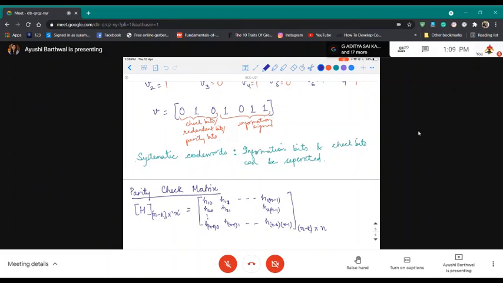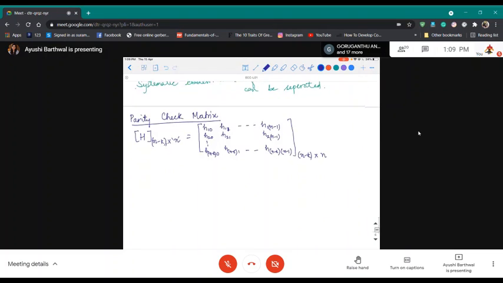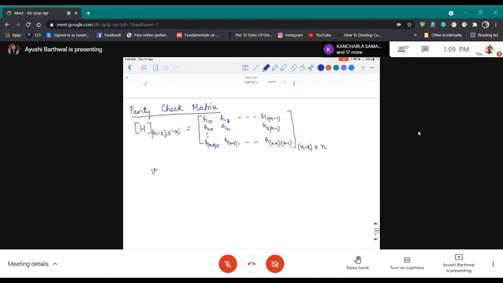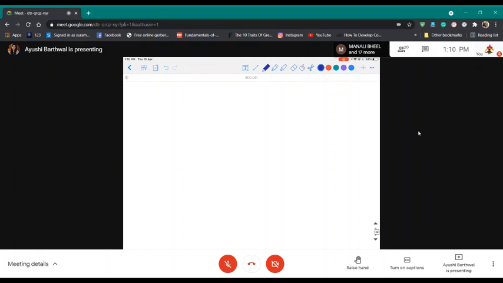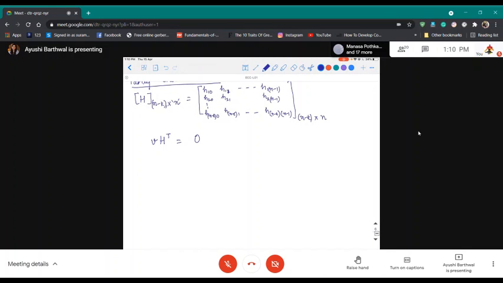And this check matrix is generally made in such a manner that the multiplication of the code vector v and the transpose of this parity check matrix H is equal to 0. And if you replace v by the formula u into G, where u is your information data and G is the generator matrix, which we studied a little while ago, and put it equal to 0, you know that u is not equal to 0.